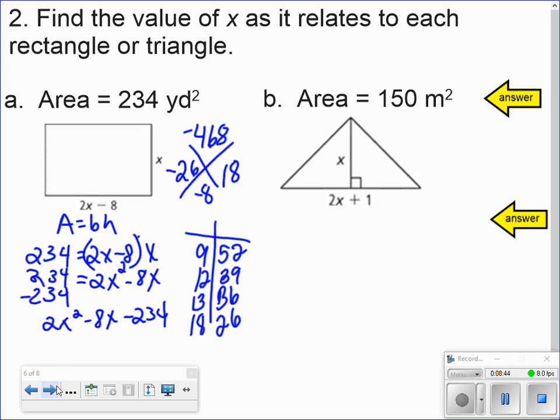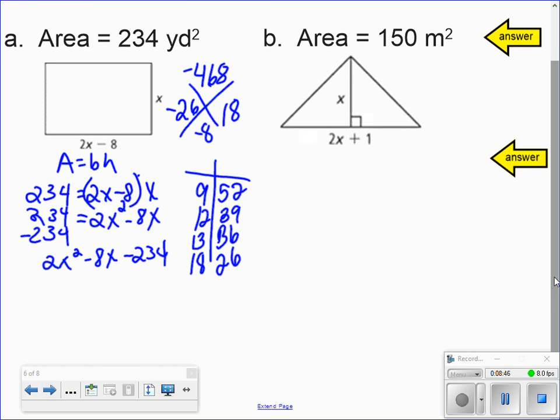Alright, so once I have that piece, I'm going to factor. I'm going to use my box. Okay, and the top of my box goes 2x. The bottom is negative 234, so A and C go in these two boxes. My other two numbers that we came up with, which were negative 26x and 18x, go here.